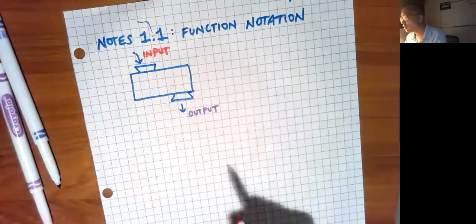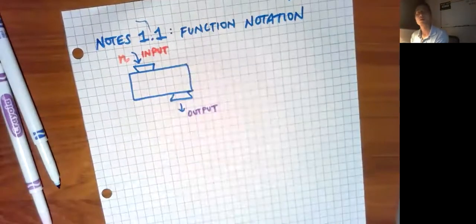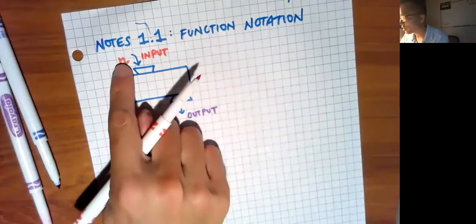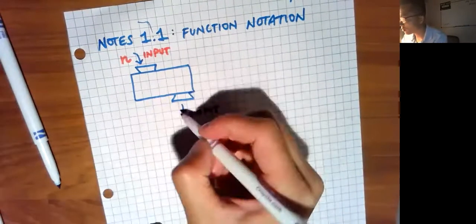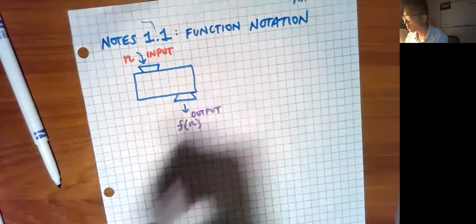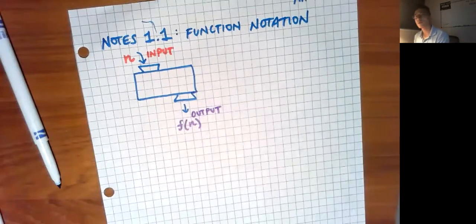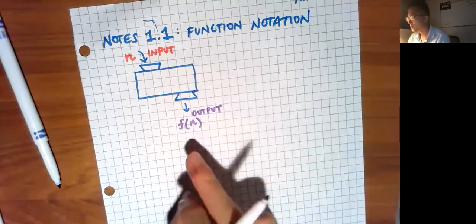And I'm going to use the variable n to represent whatever number comes into the box. And then I'm going to use the notation f of n to denote whatever comes out of the box.